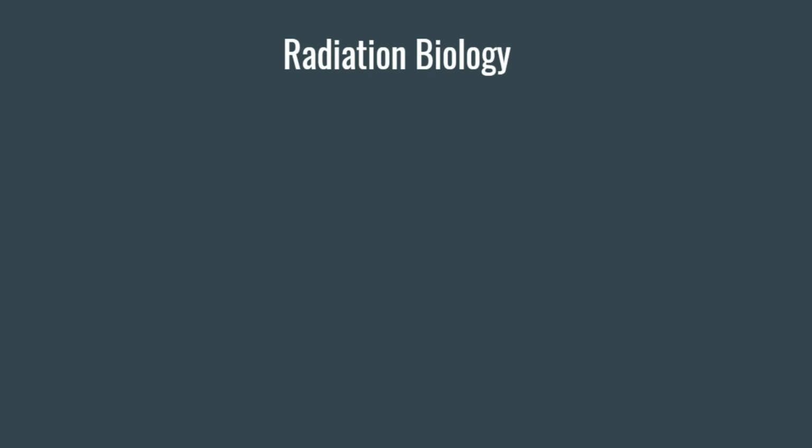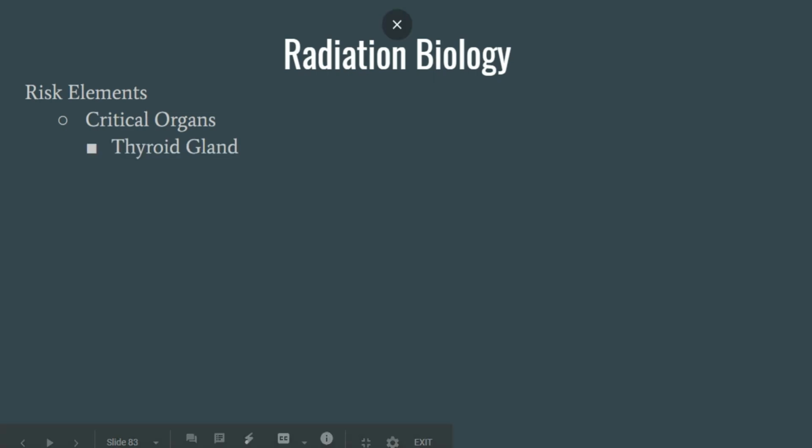So what's the risk? What elements are at risk with dental radiology? We need to take a look at the critical organs again. What dosage of radiation reaches critical organs? A reminder that a critical organ is an organ that, if damaged, will diminish the quality of life for that person.